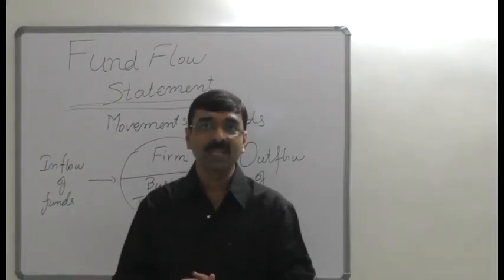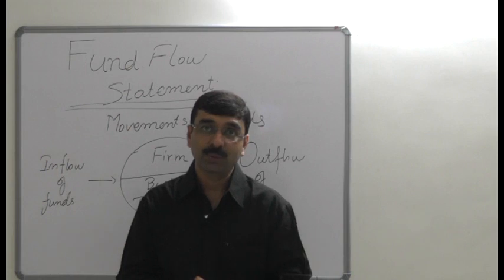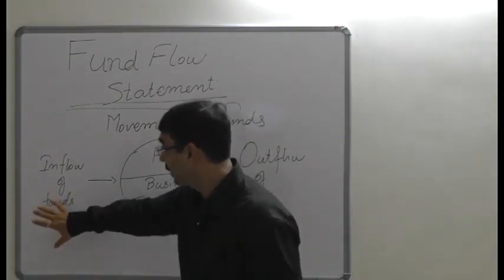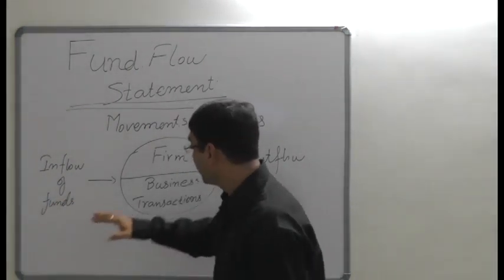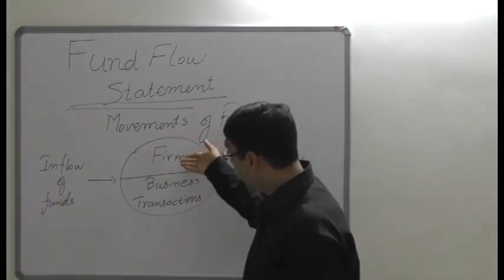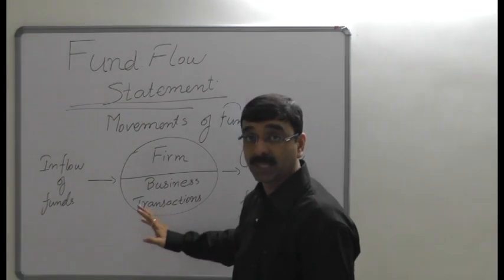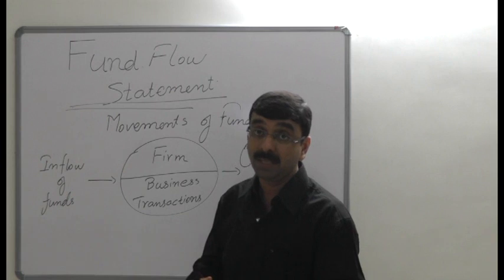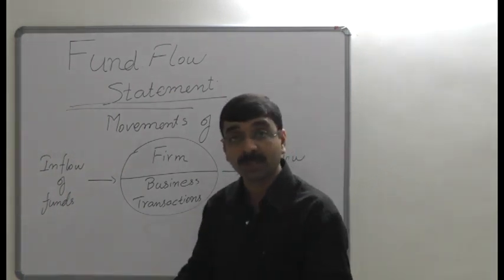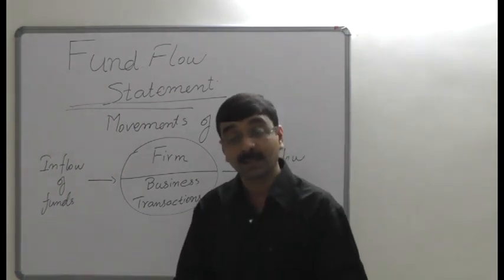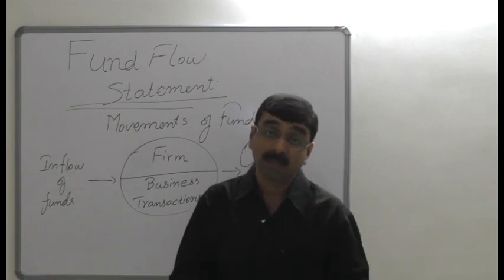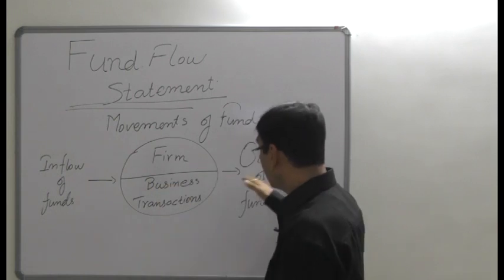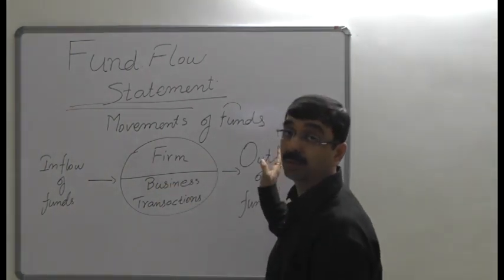The next point is the meaning of flow of funds, which represents the movements of funds. The movement of funds comes as an inflow of funds into the firm, through some business transactions. The transactions may be buying or purchasing of assets, maybe some raw material has been purchased, then some current assets are derived, maybe liabilities have occurred, and through these business transactions the fund flows out of the business.